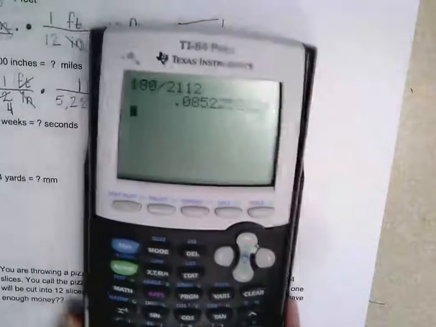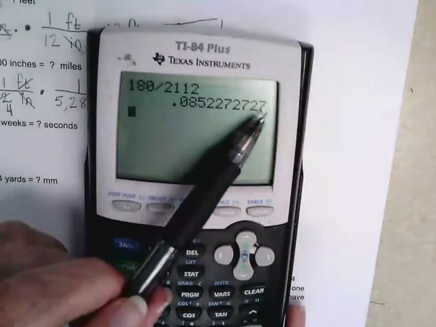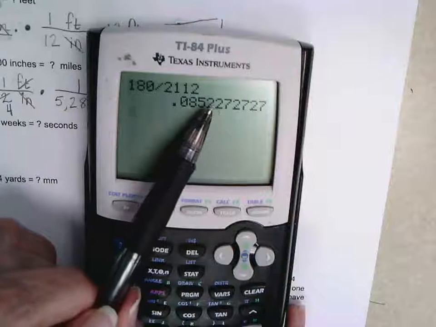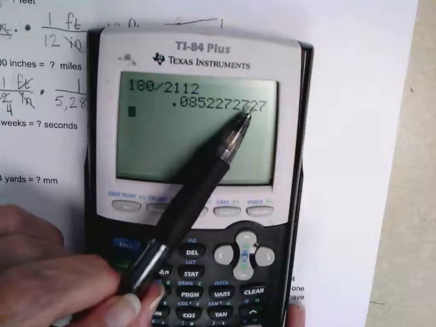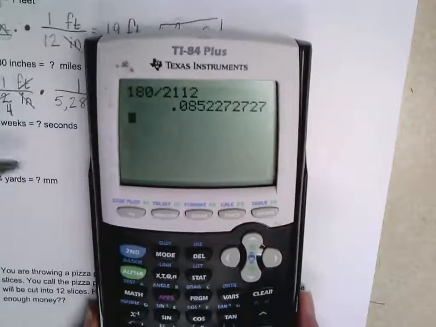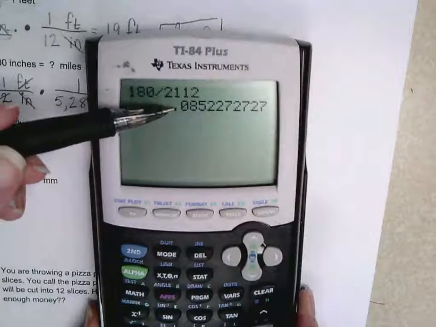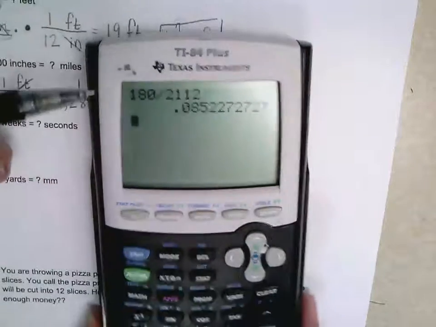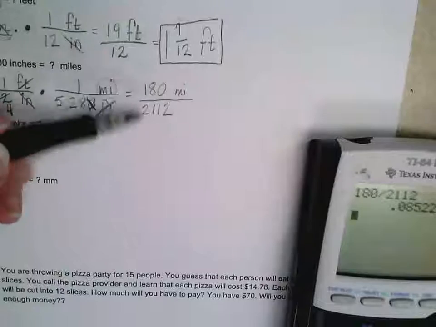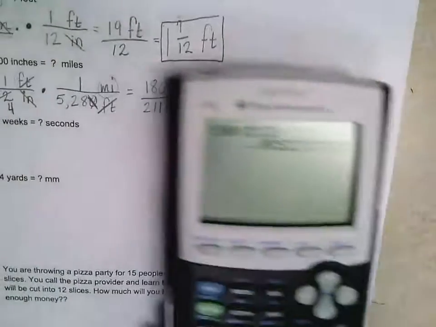And I'm going to get a repeating decimal. So right after this 2, you can see it starts repeating 27, 27, 27, 27. And we know that if we got a decimal that goes on, it's going to be repeating because we could represent it here as a fraction.